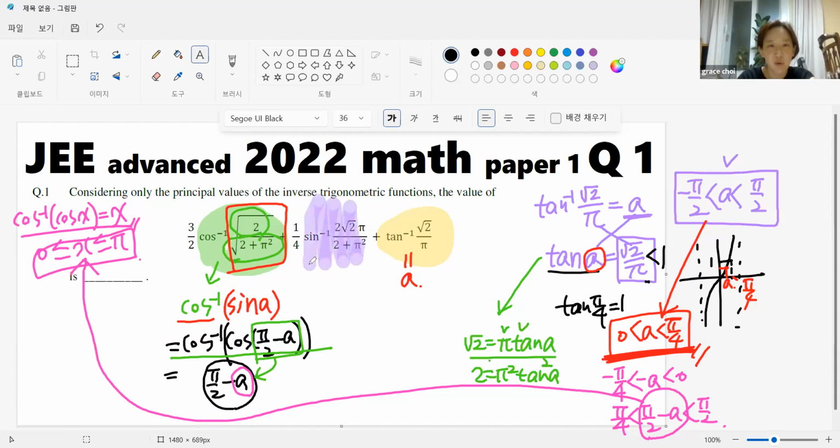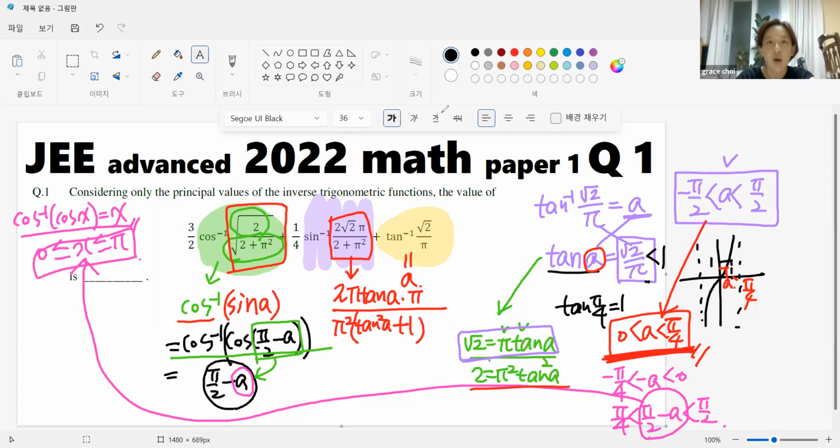And the purple one. Using square root 2 is equal to pi times tangent A. Numerator first: 2 times pi tangent A, and the denominator pi squared tangent A squared plus pi squared. Factoring pi squared, tangent A squared plus 1 is secant A squared.